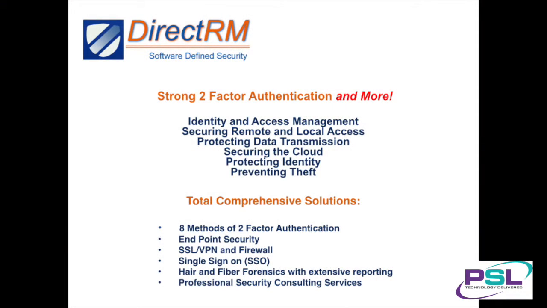Now, some of the advantages you're going to have over anybody else is the fact that Direct Authenticator is the only product that provides 8 different access methods. Access methods to access your data, your customer relationship management software, your document management systems, with a very easy to use drag and drop functionality that far surpasses Dropbox and Sky, products like that.